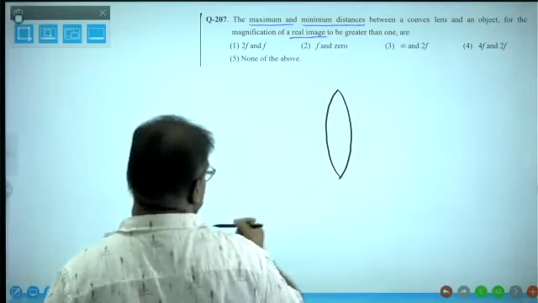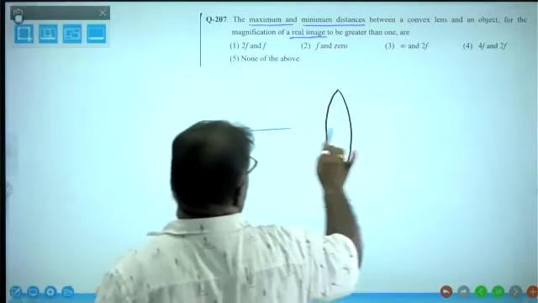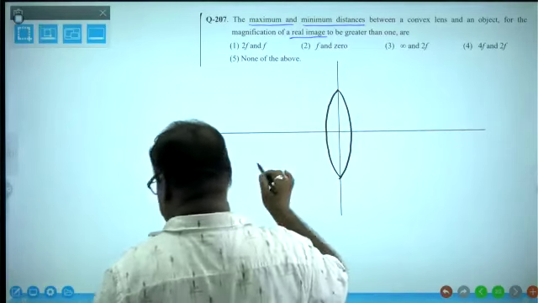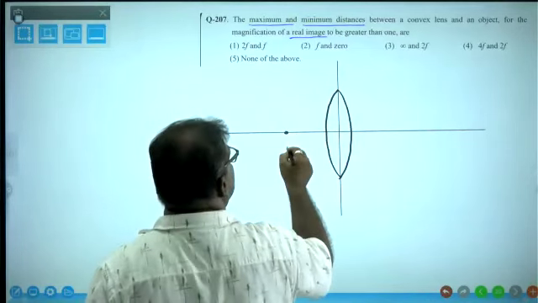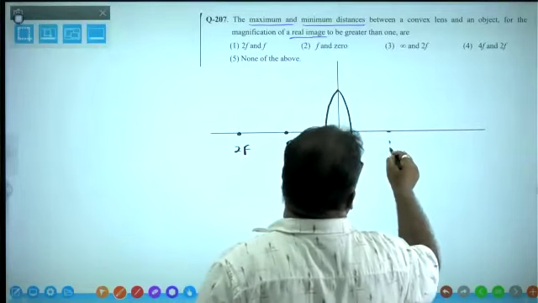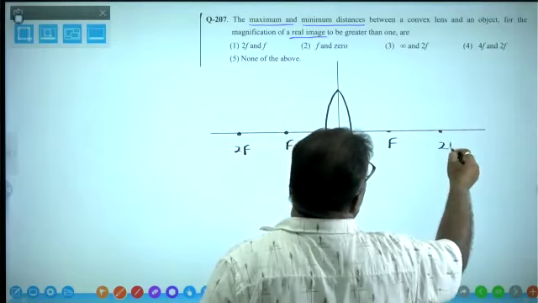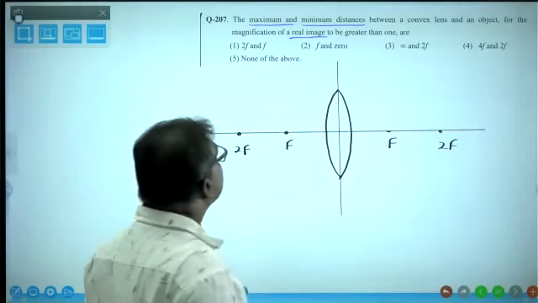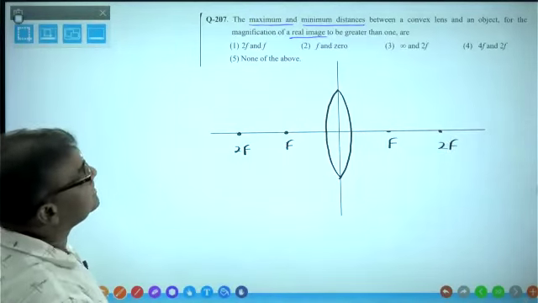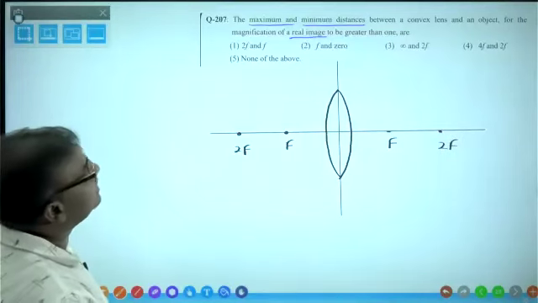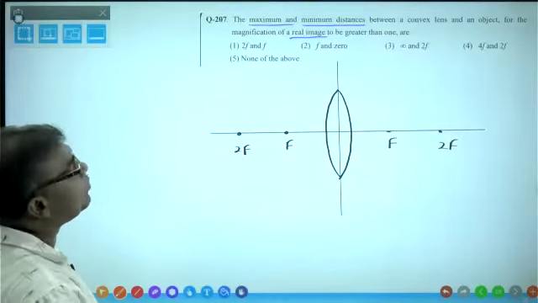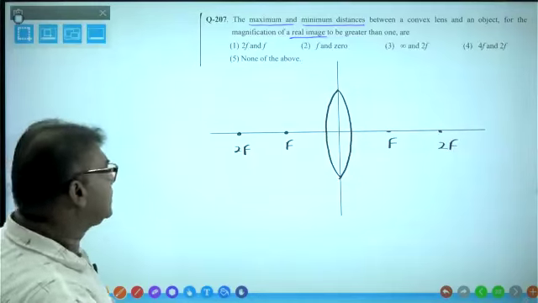Convex lens. Let this point be focus, this point 2F. Right. The maximum and minimum distance between convex lens and an object for the magnification of real image to be greater than 1. Can we check?